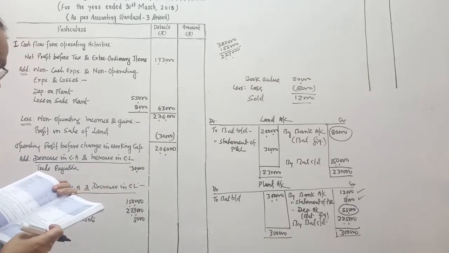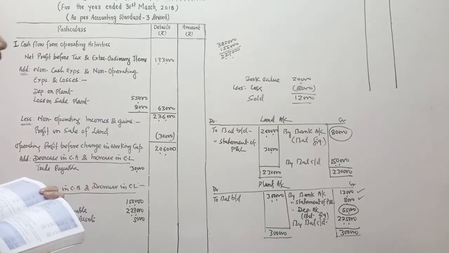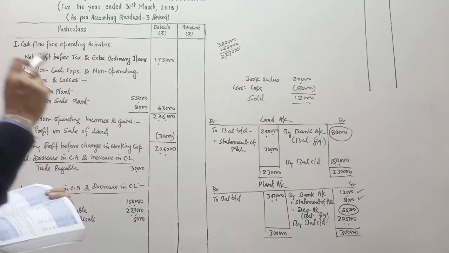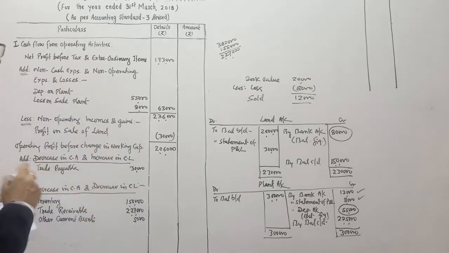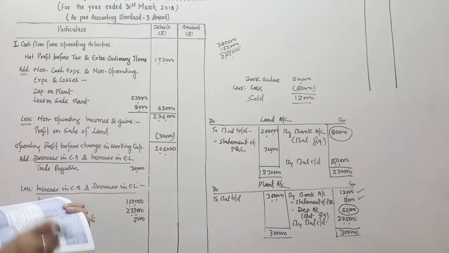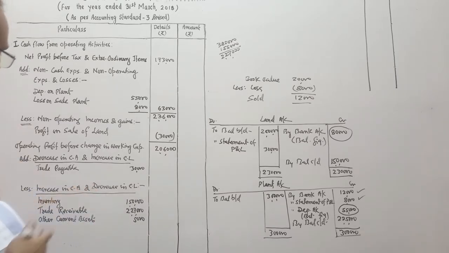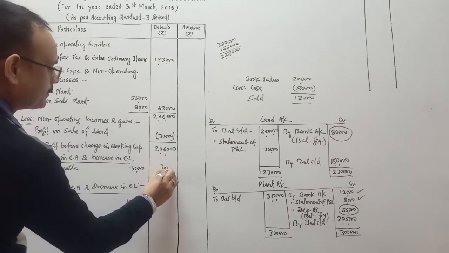Short-term provision, there is a provision for tax. So provision for tax, we have done the treatment at the top here, and then at the bottom of the operating activities we will deduct the provision for tax paid during the year. So these things have come. Those 30,000 we will add.